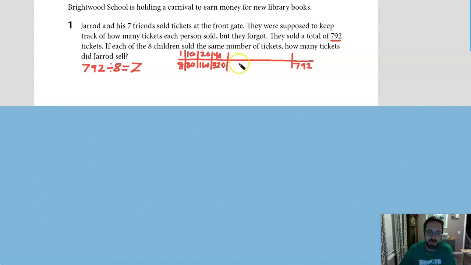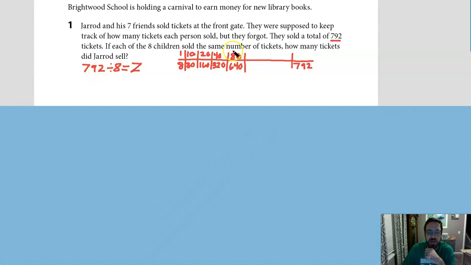Then I'll double 40 again, which would get me to 80, and 320 doubled would be 640. Now I'm getting a little close. I know 8 times 100 would be 800, but I don't have 800.